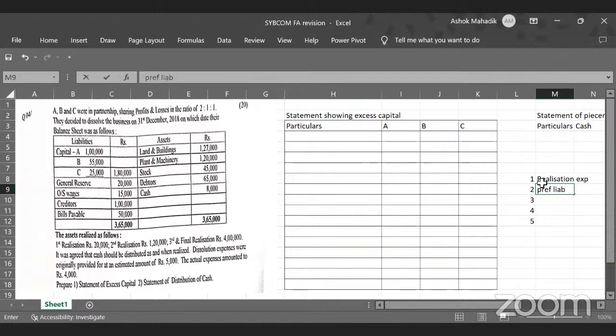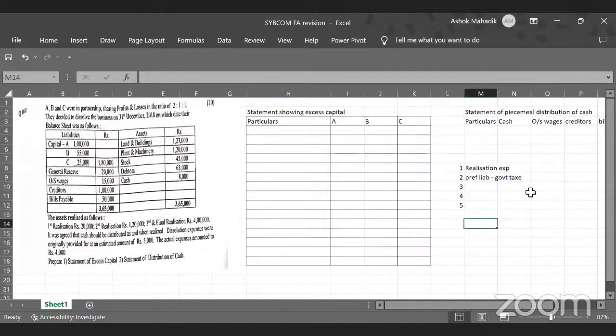Preferential liabilities include government dues or government taxes rather, and outstanding wages or salaries.